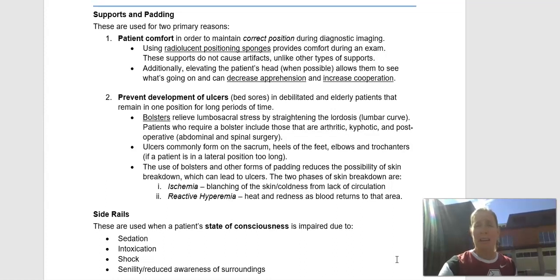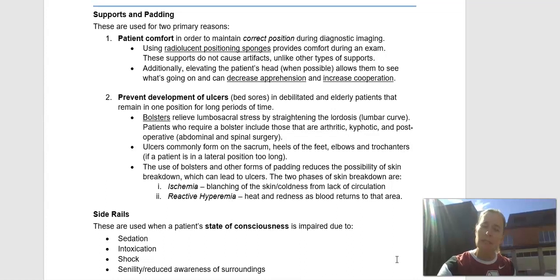And that being the case, if you have a patient who has mobility issues and they're in the same position for an extended period of time, ulcers can occur, and that is not something that we want, because we are aware of that and we can avoid it, and should make every effort to avoid those. Bolsters help too.